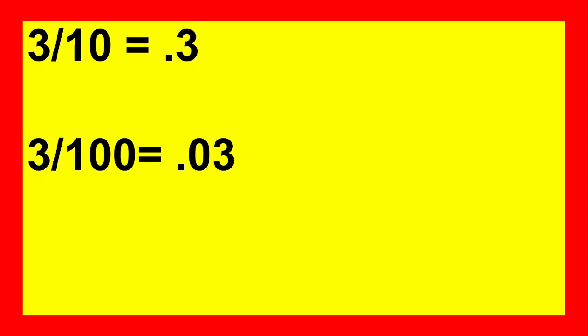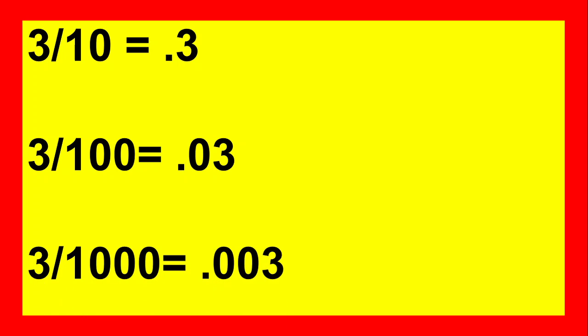If we take another example, the denominator is getting bigger. Now it's 1000. So we can easily change this fraction into decimal format by putting a dot, but we need 3 digits in the numerator. There was only 1 there.